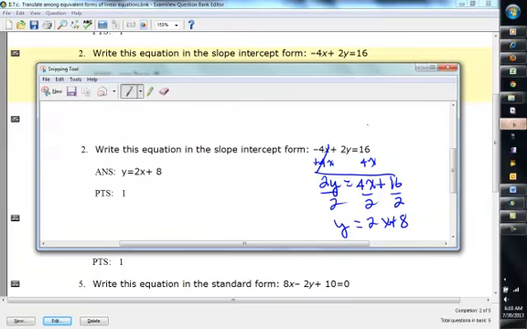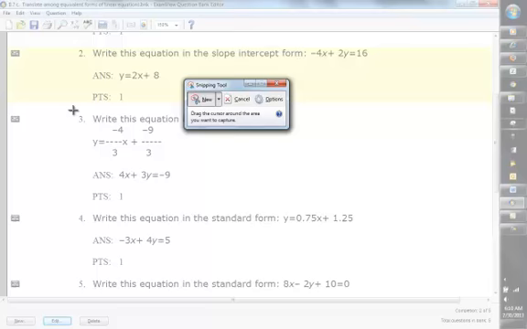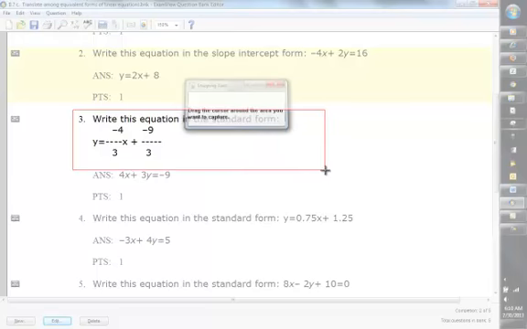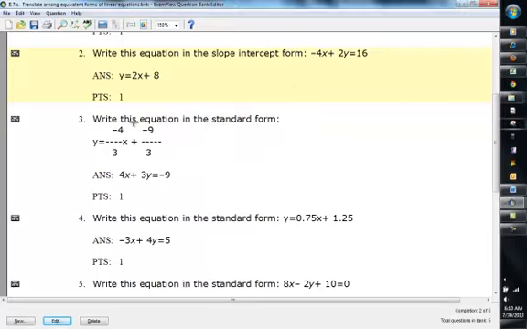Write this equation in the standard form.